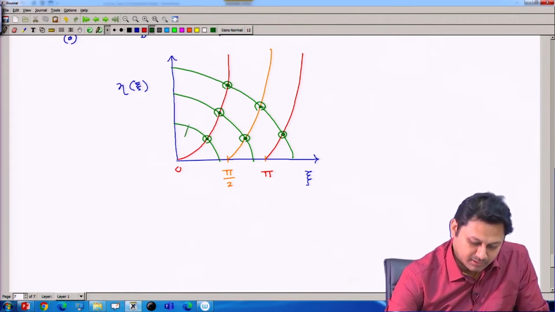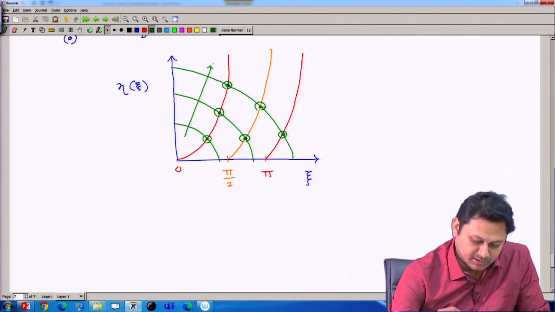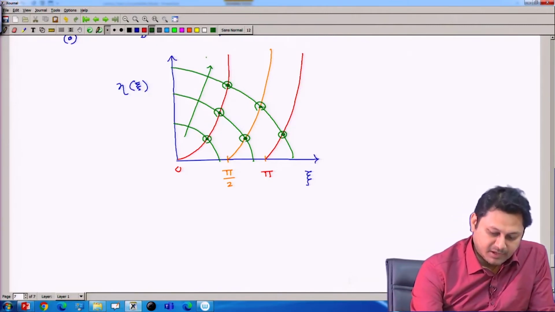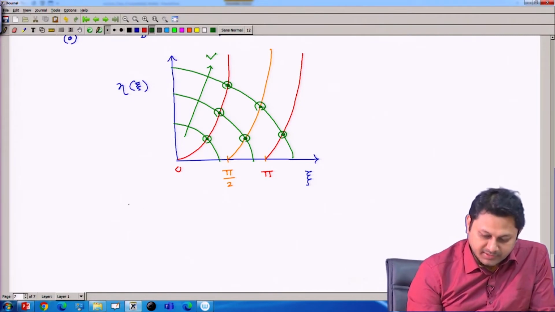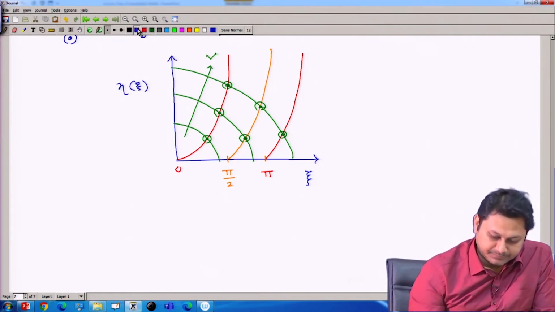So, let me do that in this way. Along this direction I am increasing the value of V. So, with increasing V, what are we getting?